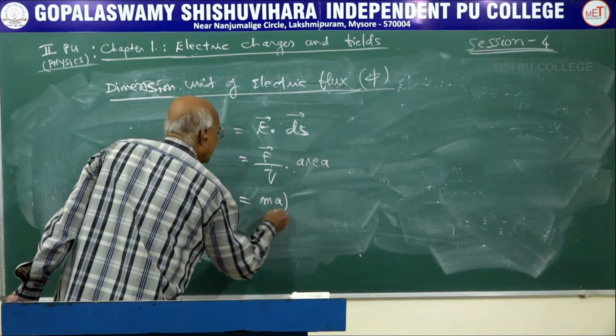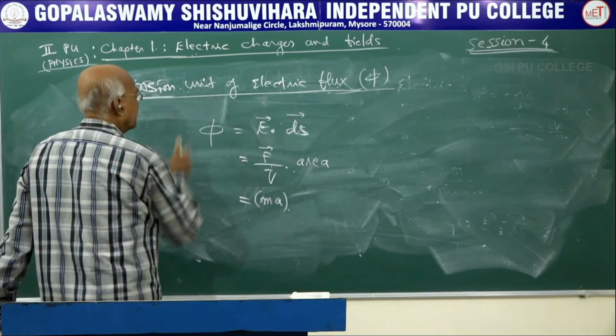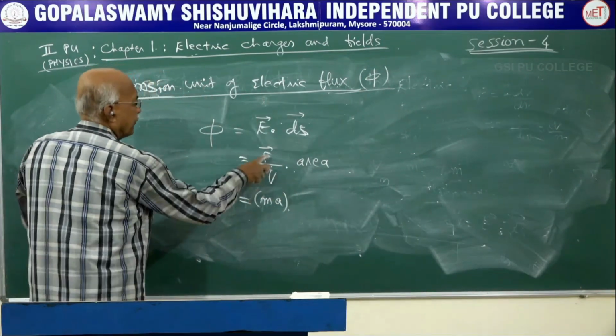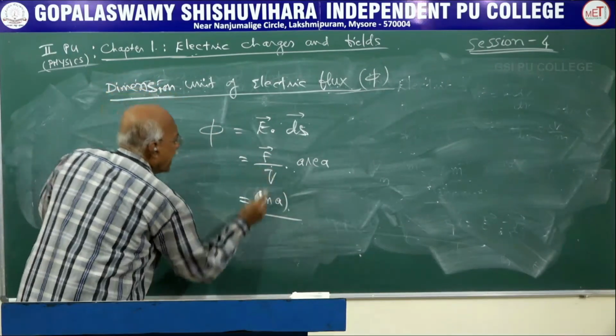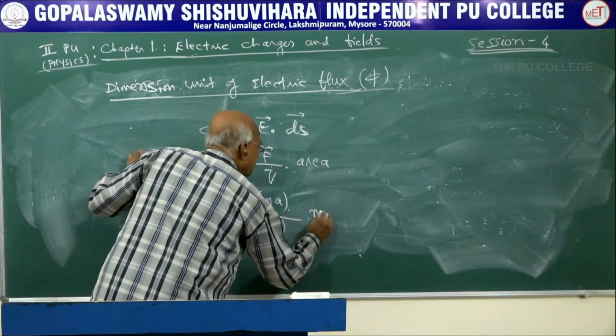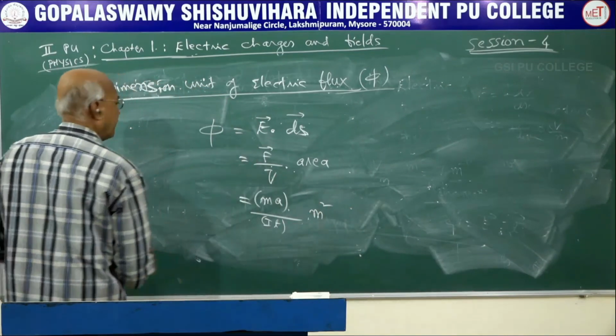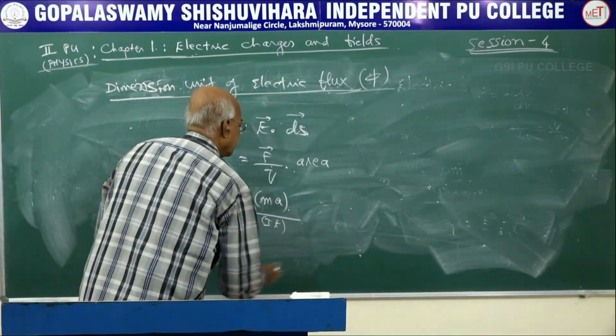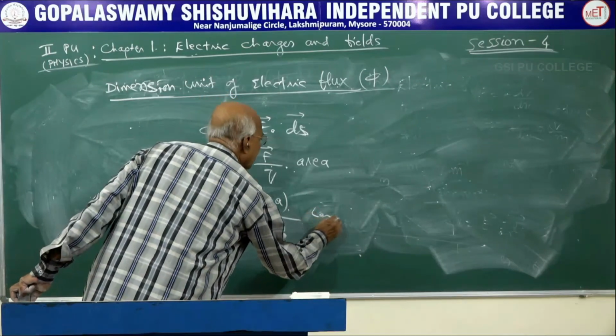Charge Q is current into time, I into T. The area is meter square, therefore it is length square.